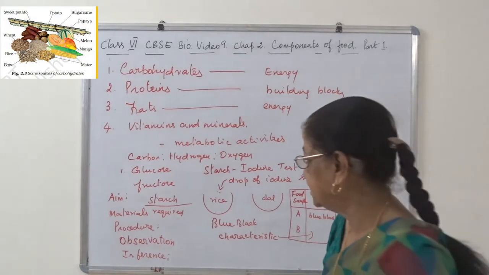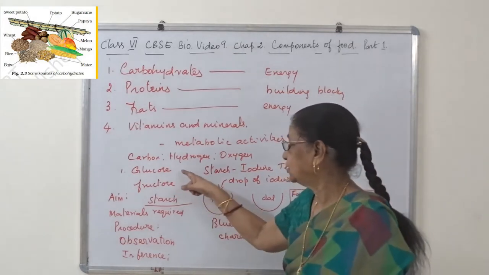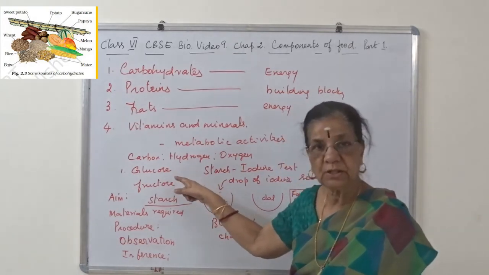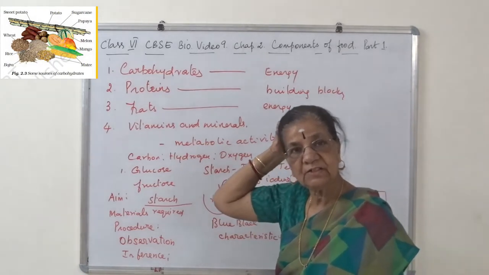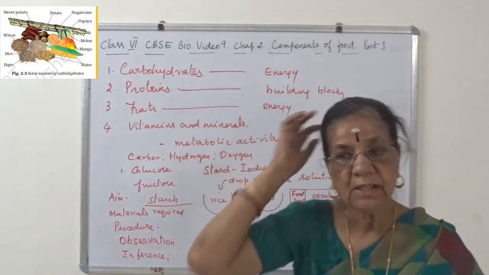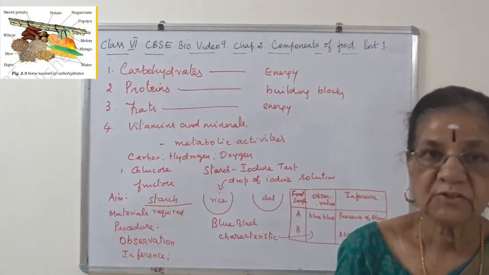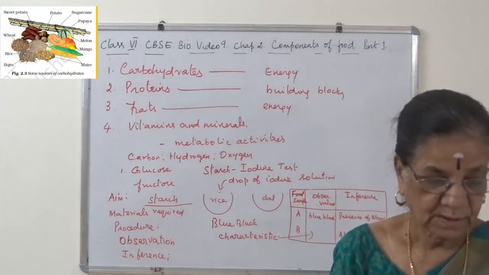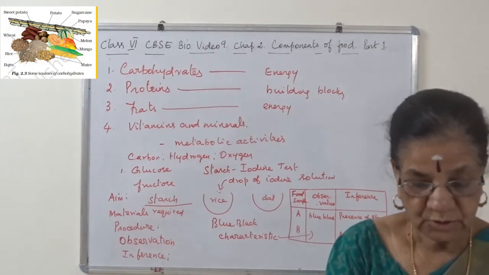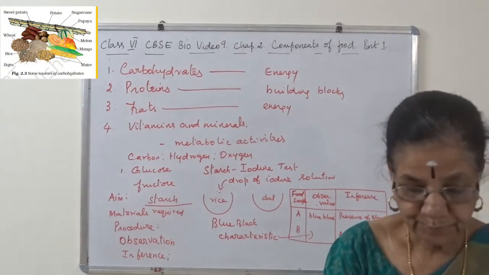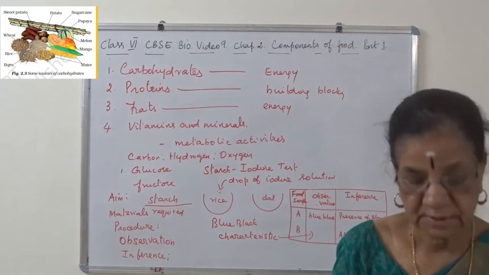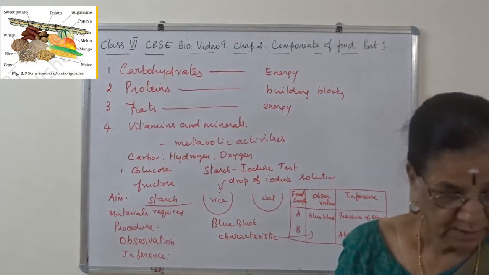Usually starch and sugar, like glucose, are carbohydrates. So carbohydrates are in the form of starch and sugars. I hope you understand. So this is the test for starch, right?